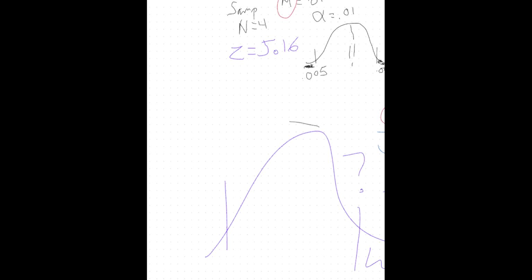I need to find the number 0.5 in this column of the table, because what I'm asking is what z-score gives a percent in the tail of 0.5%. So I'm going to scroll on this page to find it.